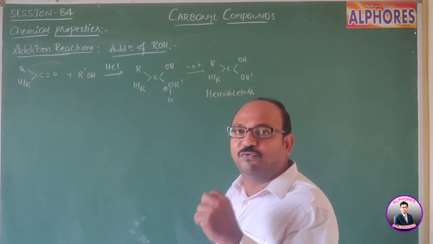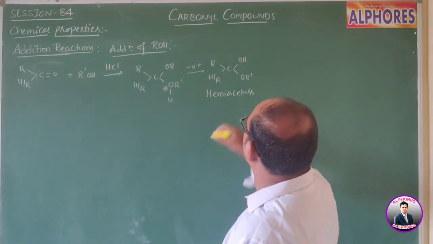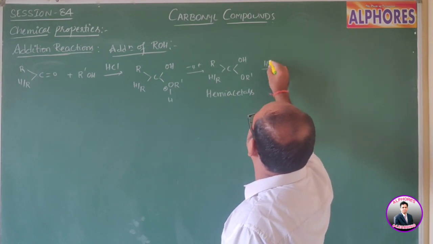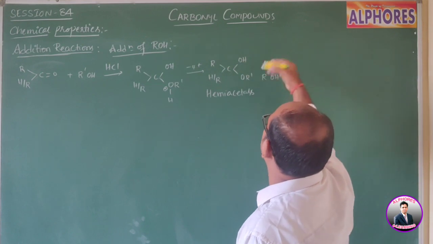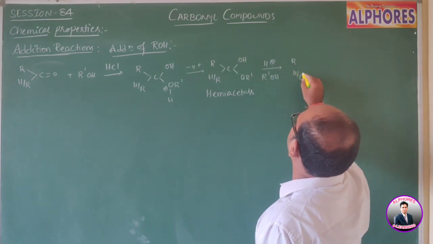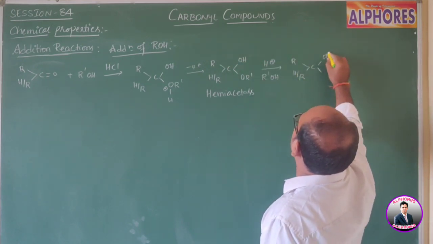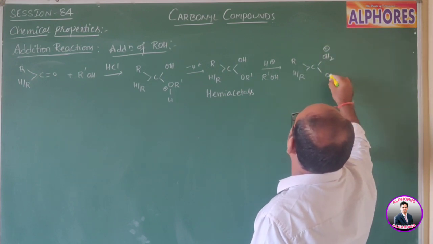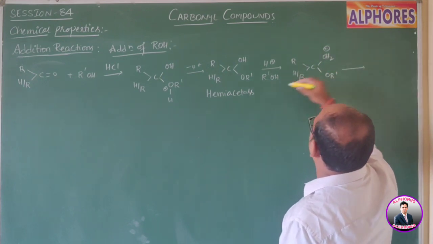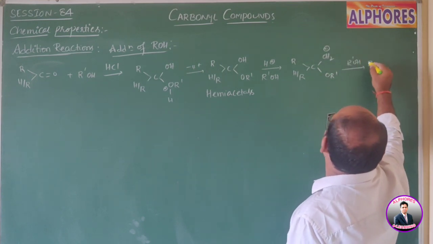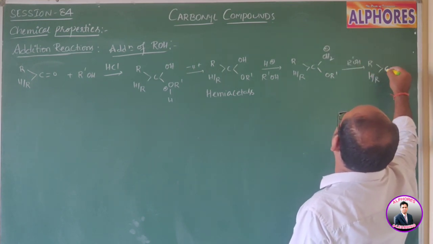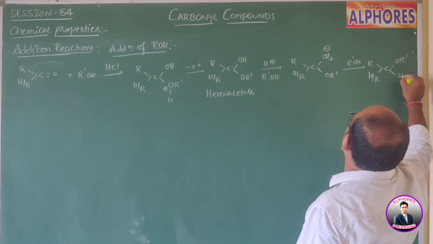After formation of the hemiacetal, there is further reaction with H plus and R'OH. Next, what happened here? The OH group gets protonated: R, H, R, C, OH2 plus and OR'. Then this one is attacked by R'OH, and OH2 is displaced by OR'. Then we are getting OR', OR'.